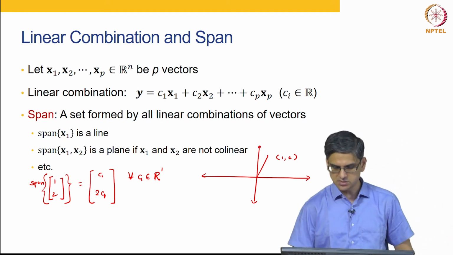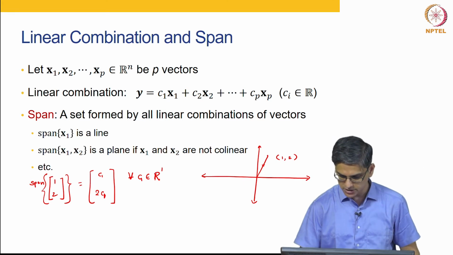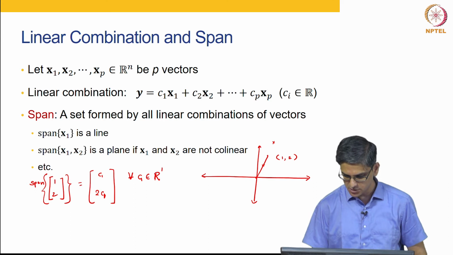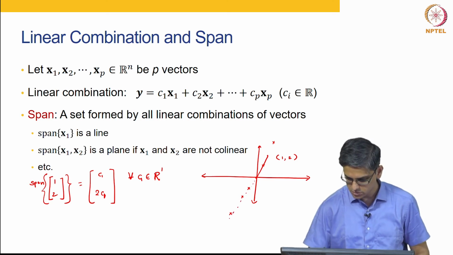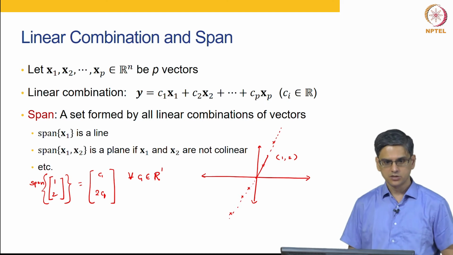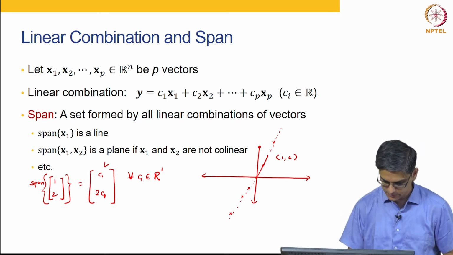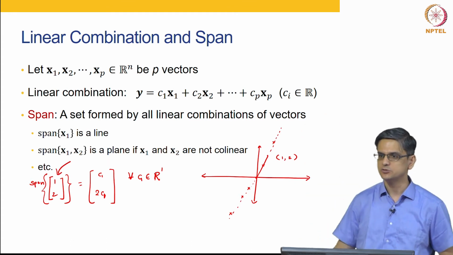Let us say c1 is half, then it is this value, c1 is 2, then it is this value, c1 is 0, c1 is minus 1, minus half, minus 2, and so on. So, span of this vector is just a line that passes through the origin.